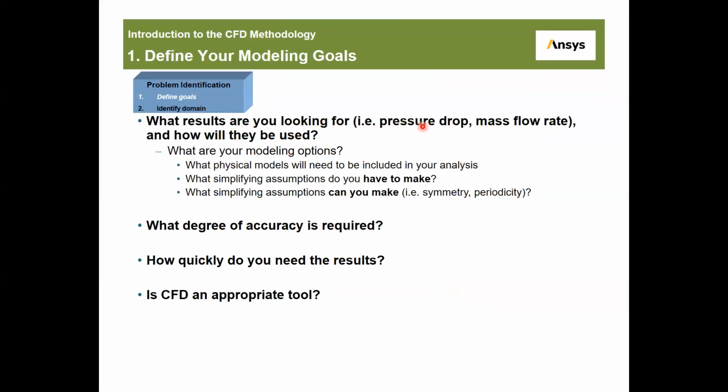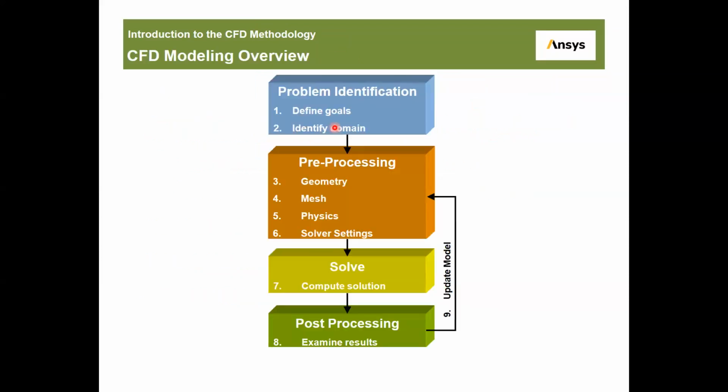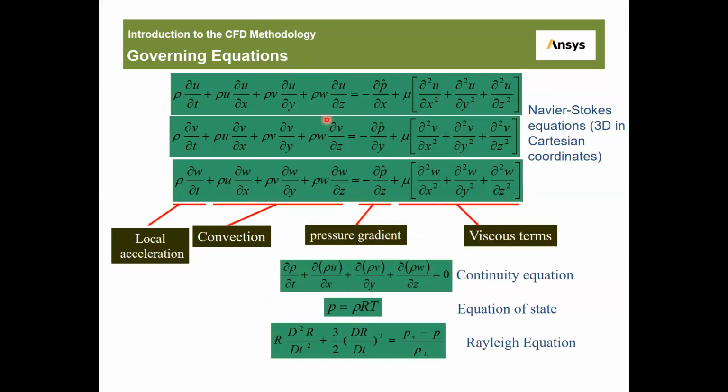So apa kita nak cari ni? Okay, tak semua yang kita akan dapatlah dalam simulation. Actually kalau dalam the equation yang saya cerita tadi, ini yang kita akan dapat cuma velocity and pressure saja.